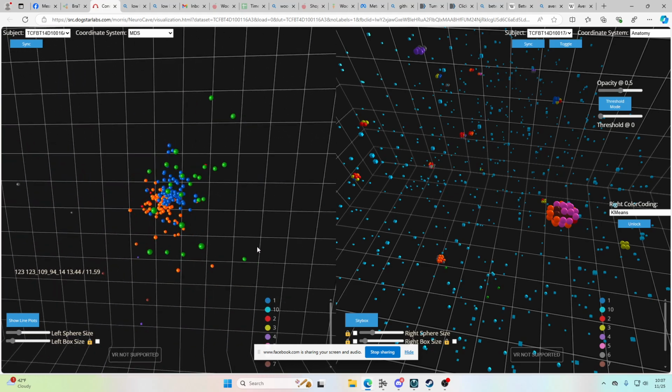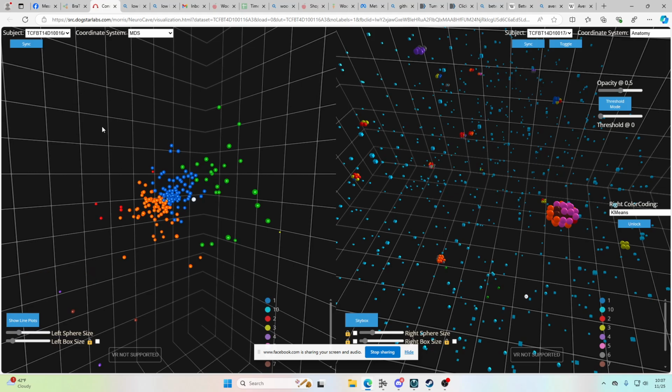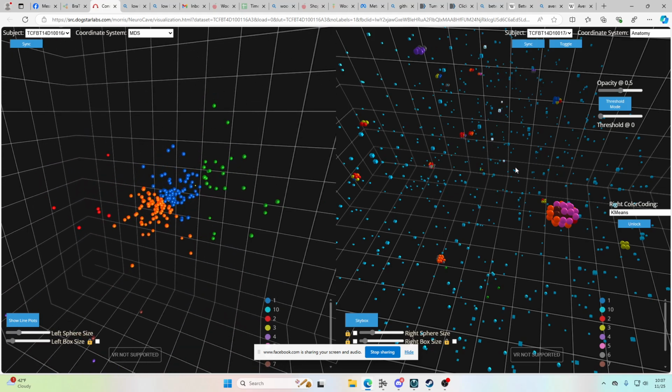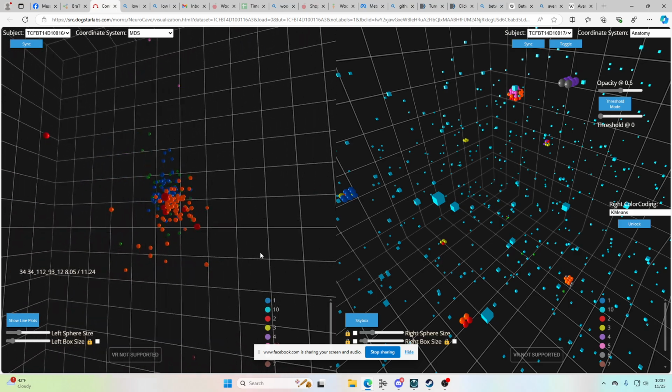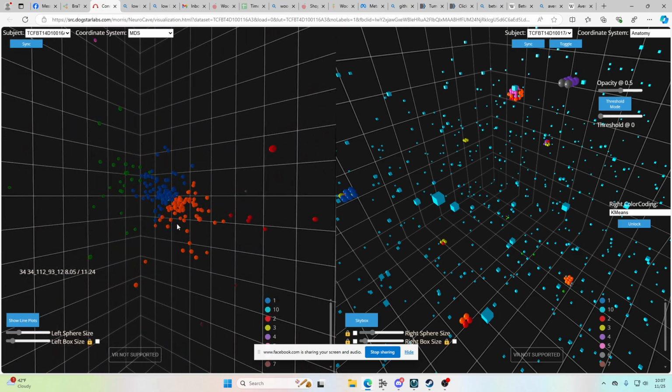So this takes all of these tumors and organizes them with a multidimensional scaling algorithm. So this is tumor space. This would be a similar algorithm to what you might use if you wanted to get three different colors, like k-means clustering.